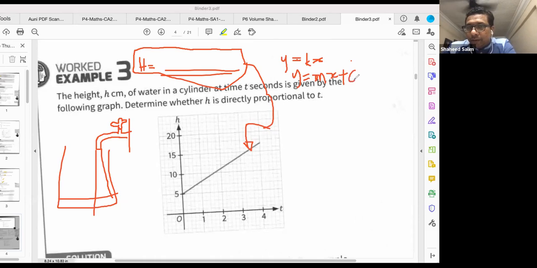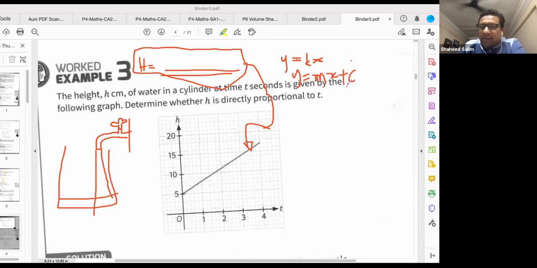Remember? Inshira, remember that? Cannot remember? y equals mx plus c. Do you remember? Okay, I'm going to go through with you.